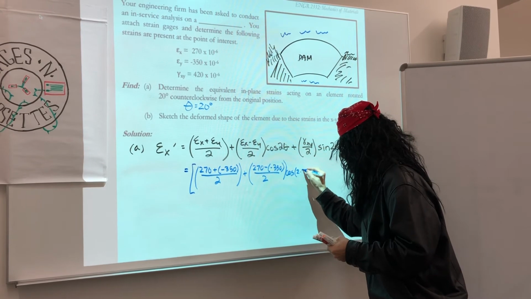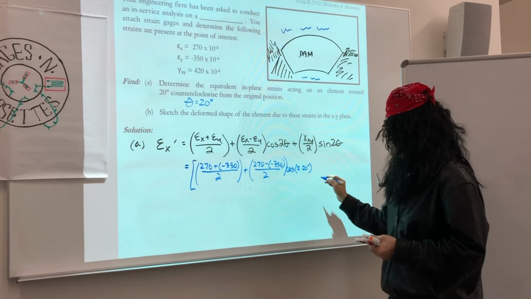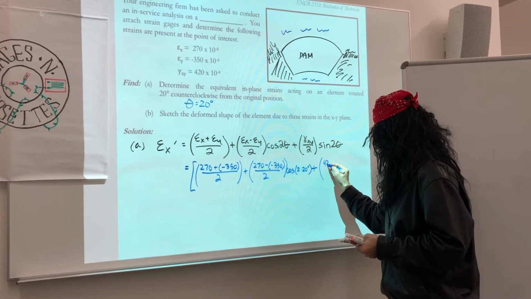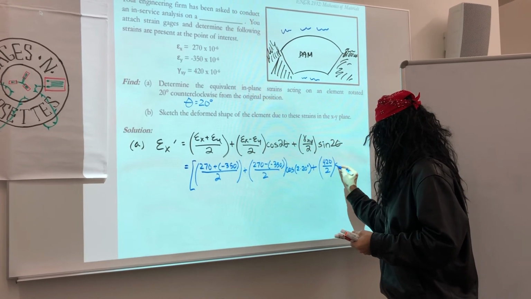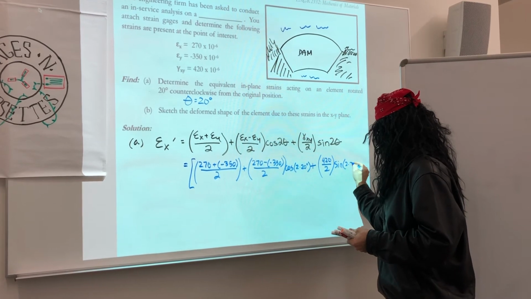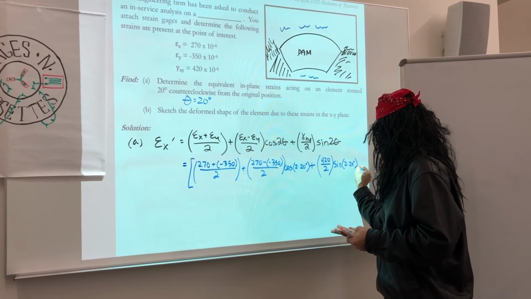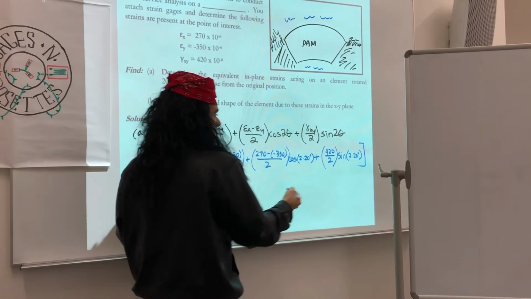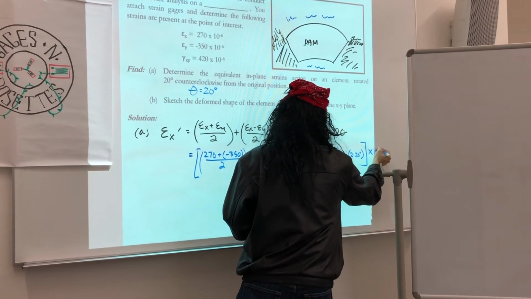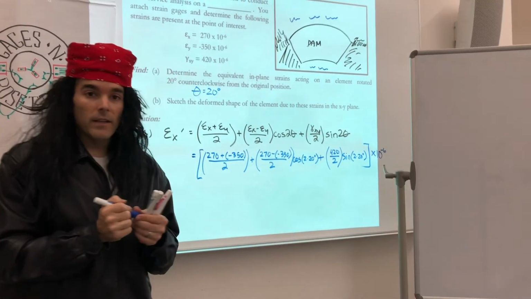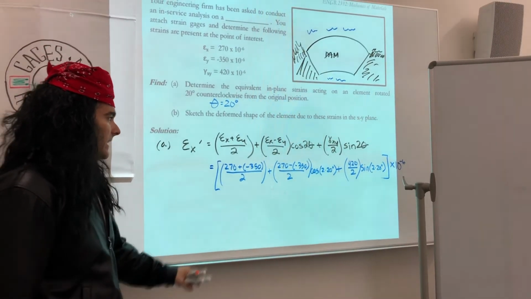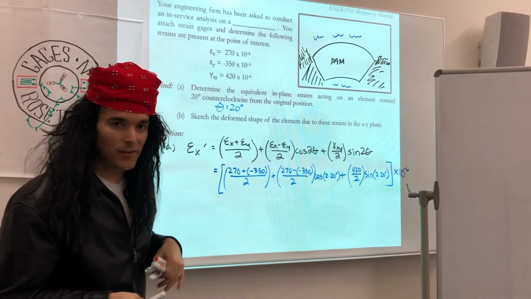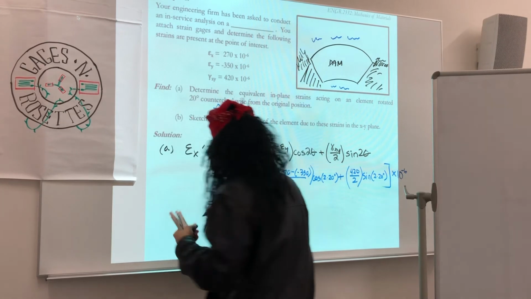Cosine of 2 times 20 degrees, plus gamma xy is a positive 420 over 2 times sine of 2 times 20 degrees. All the brackets are then multiplied by 10 to the negative 6. That just makes the calculation a little bit easier by not having this 10 to the negative 6 in the whole thing.